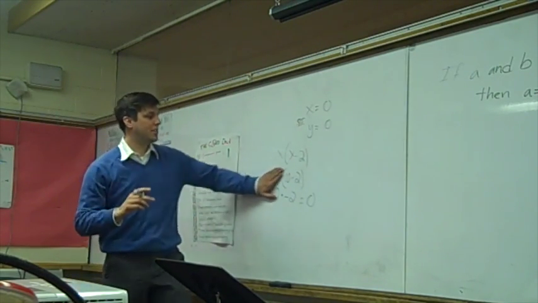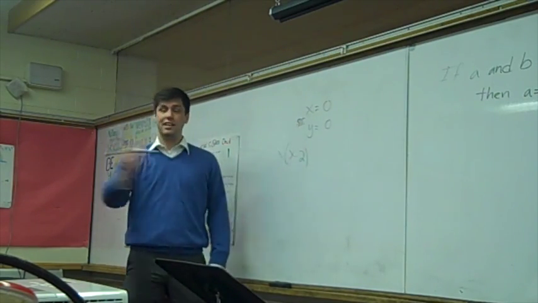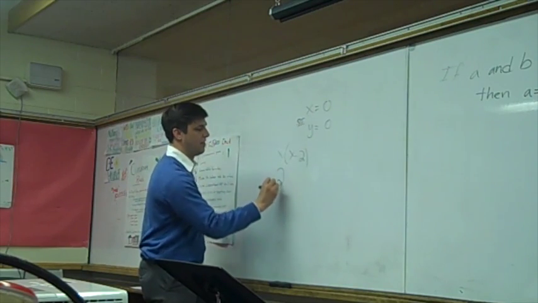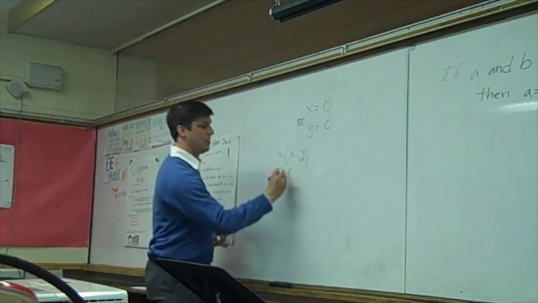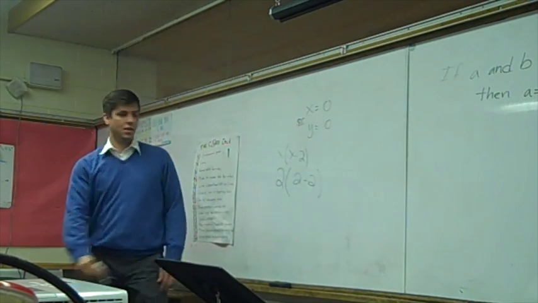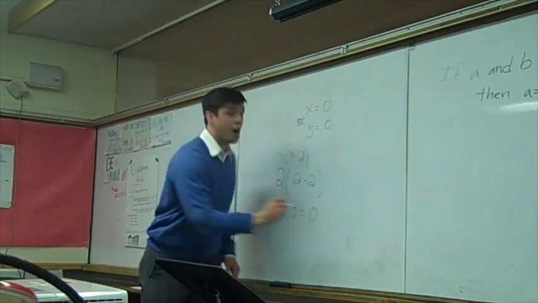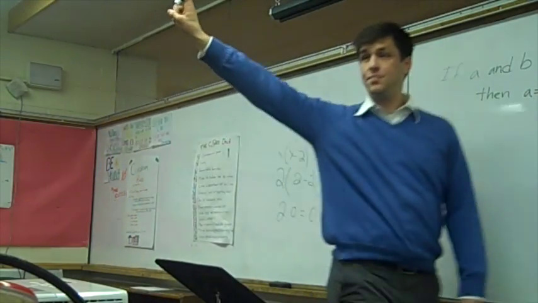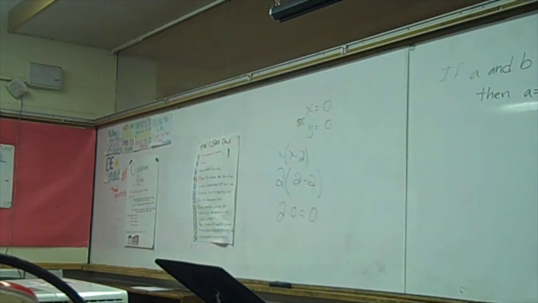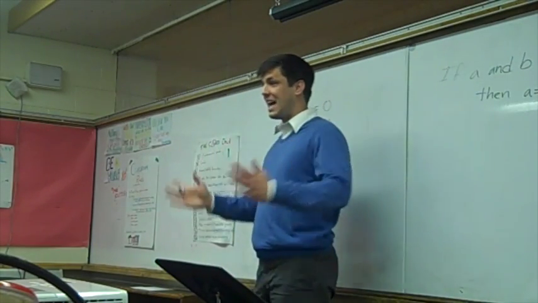But look at this. What if instead of putting 0, you let x equal 2? Then you'd have 2 times, in the parentheses, 2 minus 2. What is 2 minus 2? 0. So 2 times 0 equals 0. So there are two possibilities for x. Whenever you see an x squared, there are always two possibilities for x. They're not always going to be different; they might be the exact same thing.